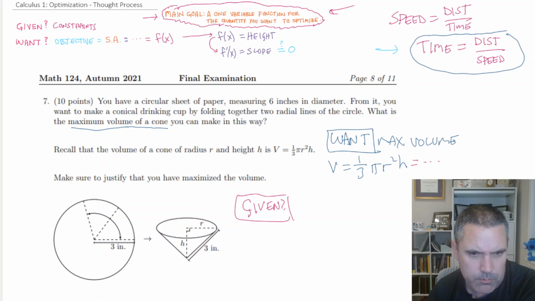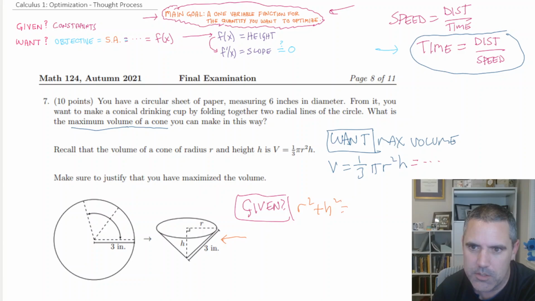So what can I do? What can I say about this? Is there some relationship between R and H that will allow me to get rid of one of my variables? Ooh, that picture was very nice of them to provide for me. R squared plus H squared is 9. Does that allow me to get rid of one of my variables? It does.